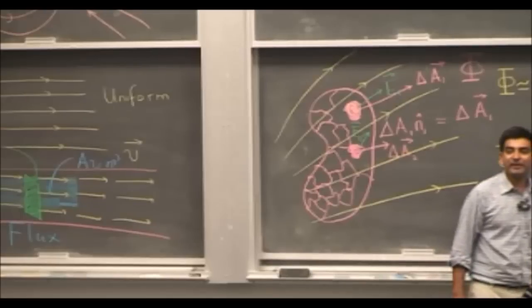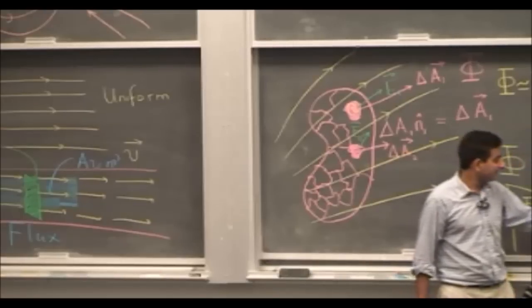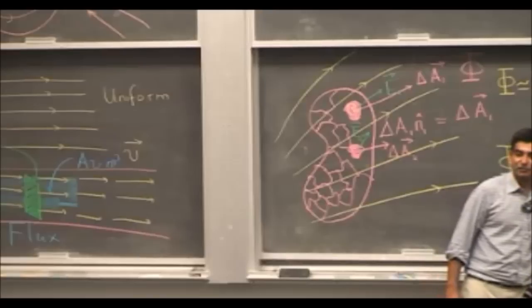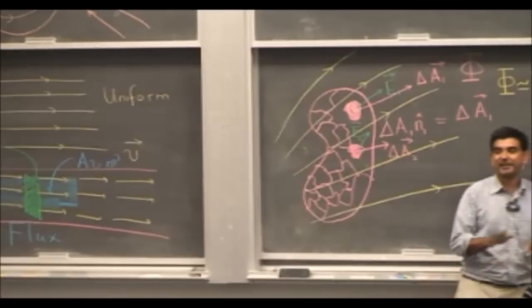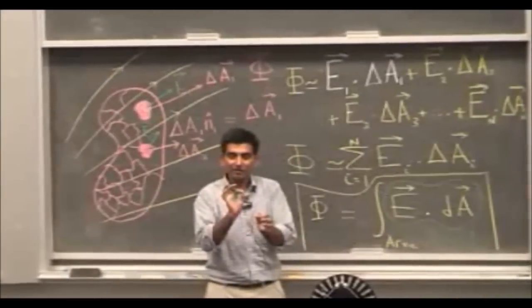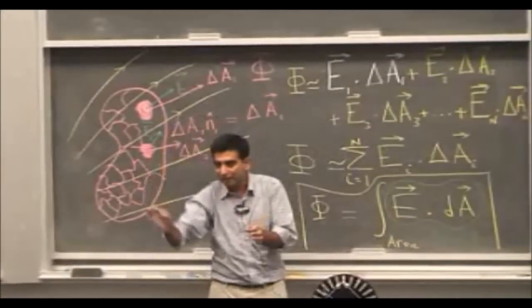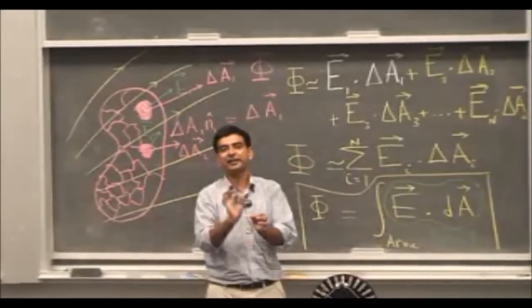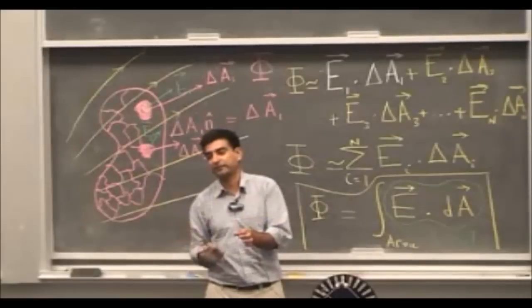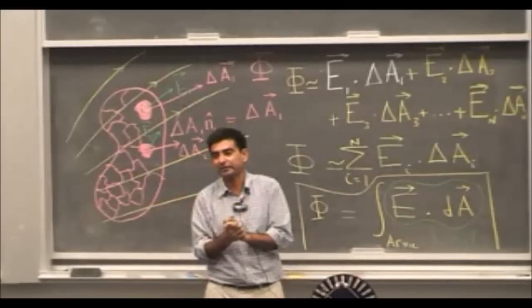So this is a variable of integration. But E can also be variable and the area is also variable. So the variable of integration is just the area. We would like to find out these fluxes over the entire area of the surface. So the variable of integration is we move from point to point on the surface, right?